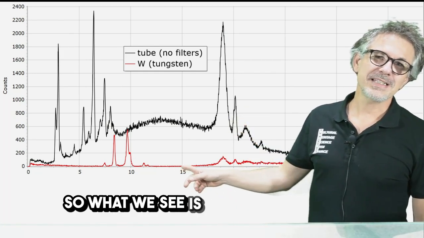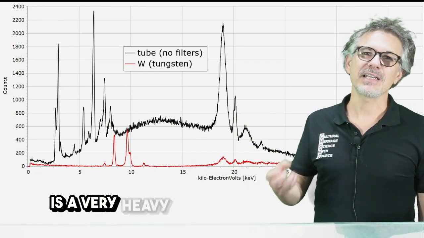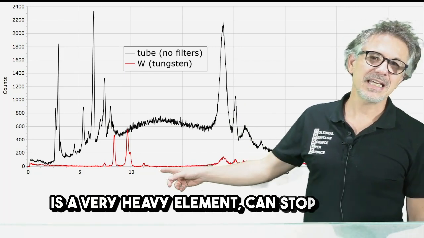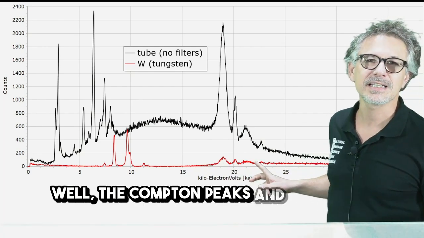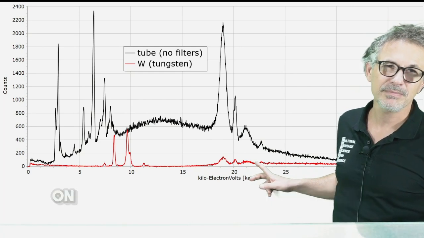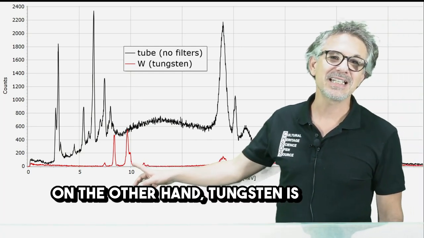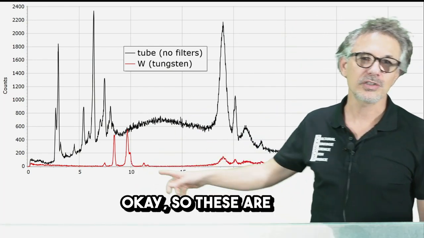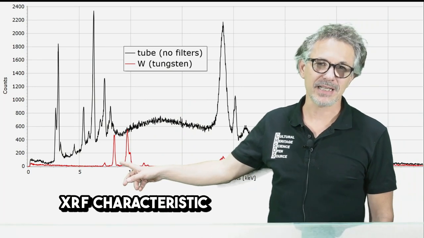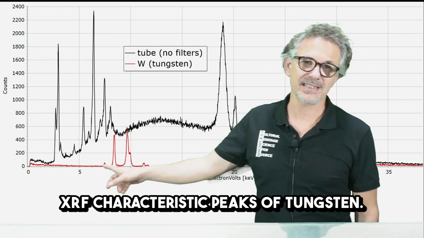So what we see is that tungsten, that is a very heavy element, can stop pretty well the Compton peaks and the target peaks. On the other hand, tungsten is creating its own peaks. Okay, so these are the XRF characteristic peaks of tungsten.